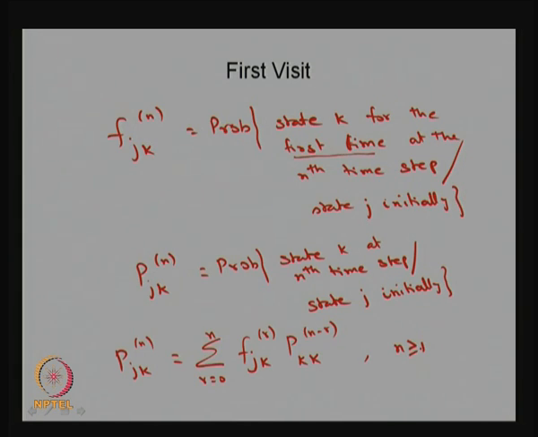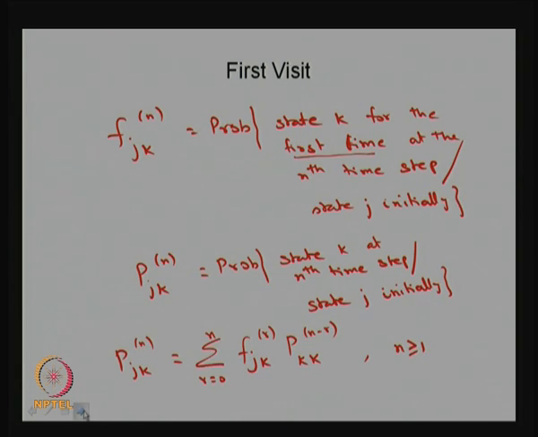This means, if the system is moving from the state j to k in n steps, not necessarily the first time, that can be written as the union of mutually exclusive events for different r, in which the system moves from the state j to k in r steps for the first time, and in the remaining n minus r steps the system moves from the state k to k, not necessarily the first time.